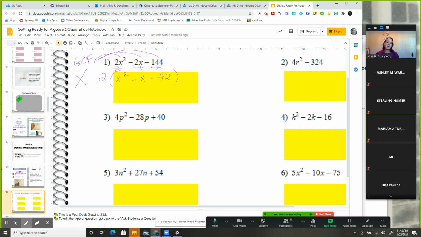So I've got to divide everything by 2 and put the 2 on the outside of the parentheses. It's like you're undoing the distributive property. So now I need to do my X puzzle, right? My question is, what multiplies to negative 72 and what adds to negative 1?